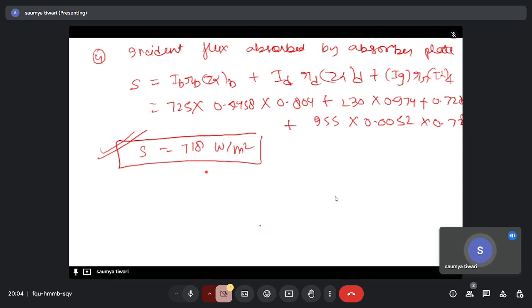So what I will do is post the solution of this question in the uploaded slides, and you can look back to this solution. This is the solution until you calculate the incident flux absorbed by the absorber plate. I will upload it in the slides, on the link that has been provided for you for this live session.